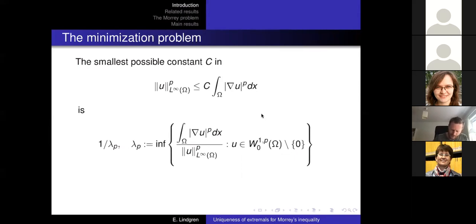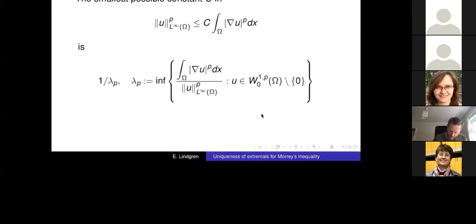So you can, of course, think of this as some sort of limiting case of some maybe more well-known inequalities. They have many names, but you have Poincaré's inequality, which is something of this form.